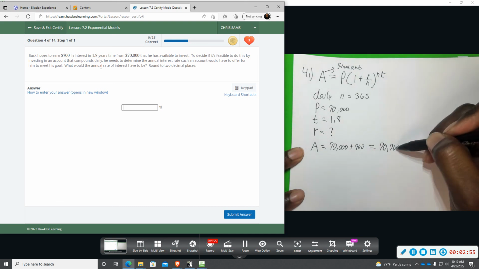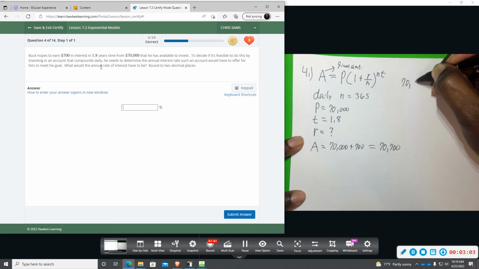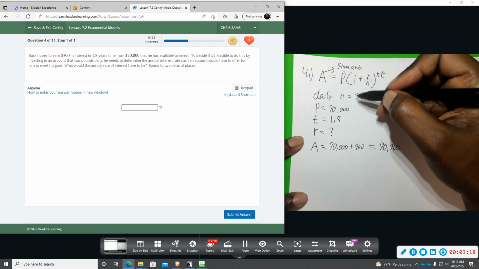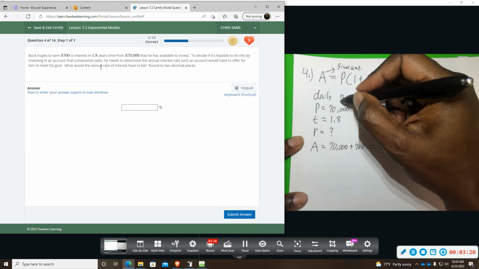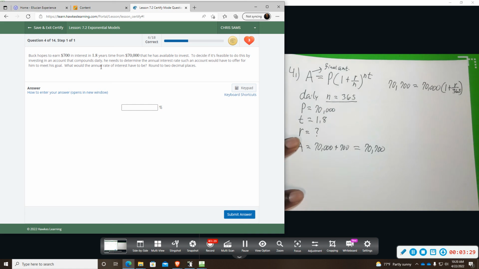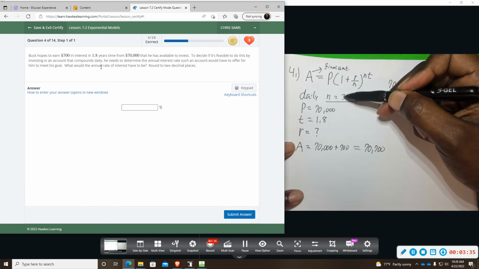So now that I have all my pieces, I'm going to plug all of this into this formula. So I'm going to write 70,700 equals 70,000, and then 1 plus r divided by n, which is 365, and then it's going to be raised to the power of nt. n was 365, t is 1.8.